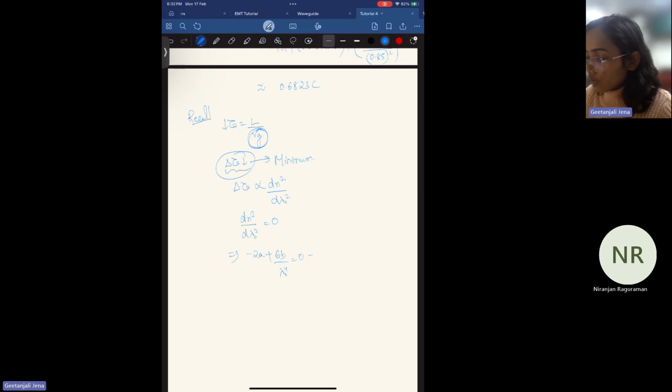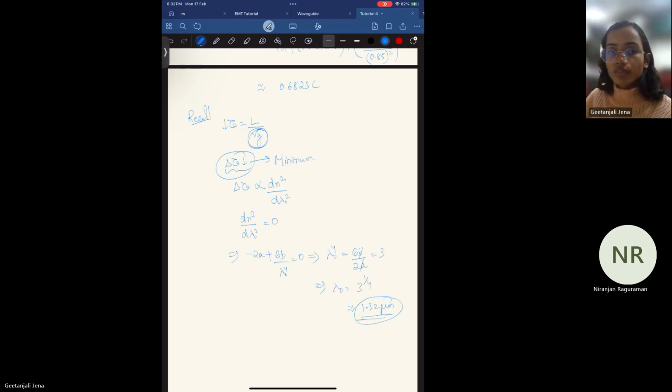It should be 0. So lambda 0 to power 4 is 6b over 2a. B and A are equal, so now we have 3. So lambda 0 is 3 to power 1 by 4 and it will come around 1.32 micrometer.